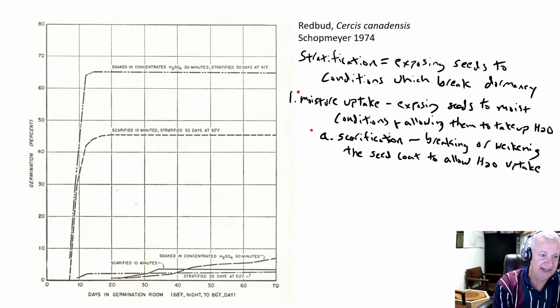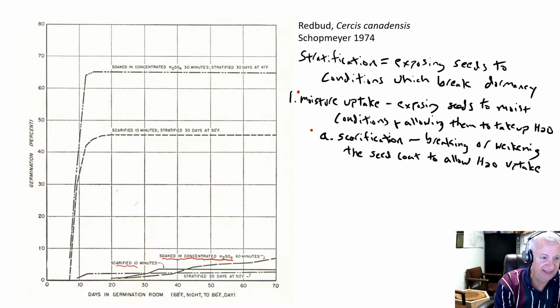And then each line is a different treatment. So you can see in this one, they soaked the seeds in sulfuric acid for 60 minutes. That's a scarification treatment. Here they scarified for 10 minutes. That's probably some kind of mechanical scarification.